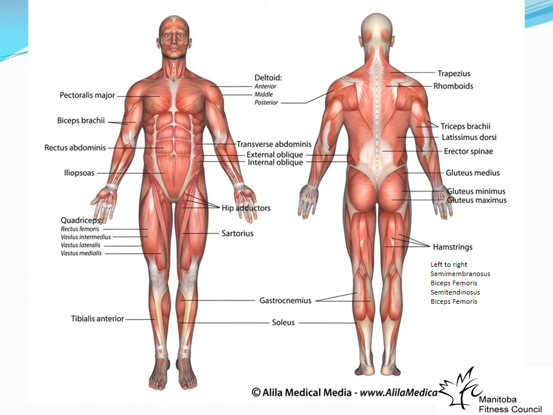The rhomboids are deep to the trapezius, so we can't see them in this diagram, but they'll do the same thing as the middle trapezius. And then finally, the lower trapezius, the fibers that are going down, you'll see those run from the scapula to the mid to lower spine. If you look at the direction those work in, you will see that their role is to depress the scapula. They will pull the scapula down.